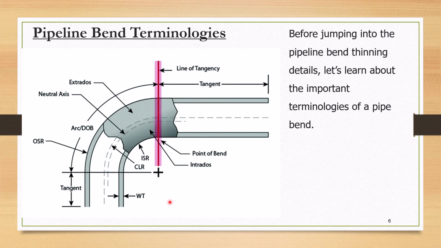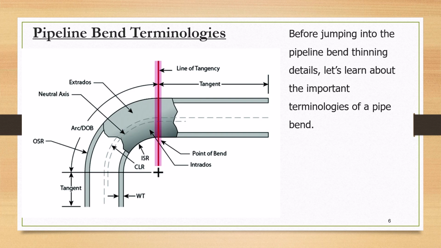Then WT is the wall thickness. Then ISR is the inside radius and OSR is the outside radius. These are normal references defining the extreme inner and outer limits of the arc. The CLR is the center line radius, of course the average of the ISR and OSR.